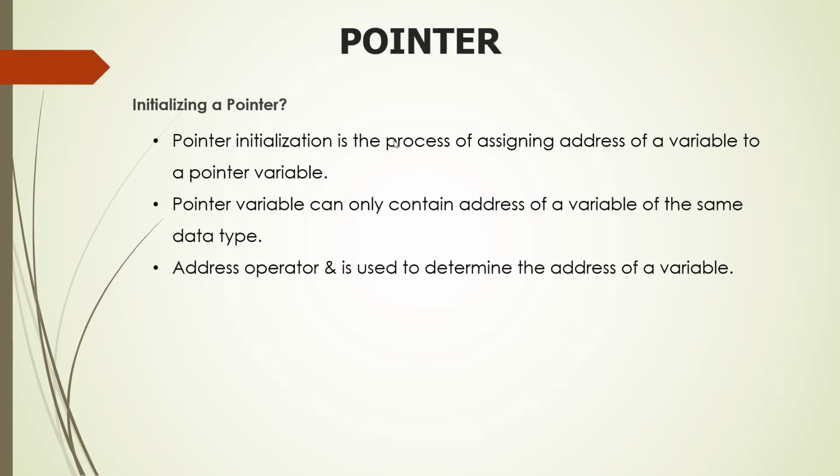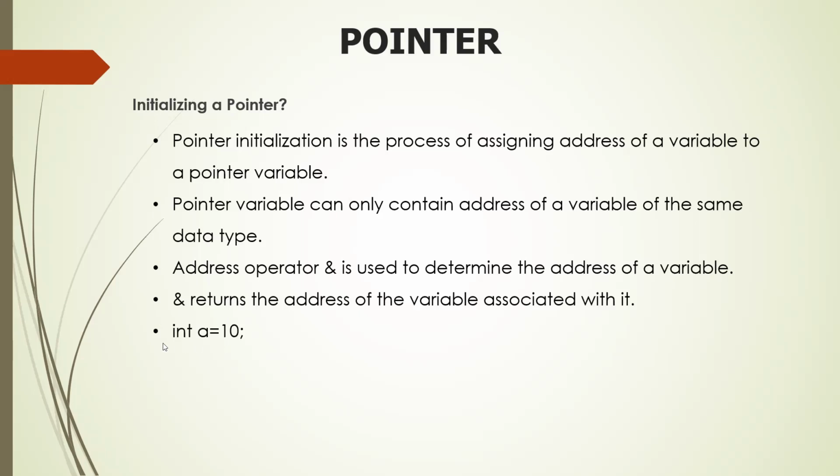Pointer initialization is the process of assigning the address of a variable to a pointer variable. A pointer variable can only contain the address of a variable of the same data type. The address operator ampersand is used to determine the address of a variable. Ampersand returns the address of the variable that is associated with it.